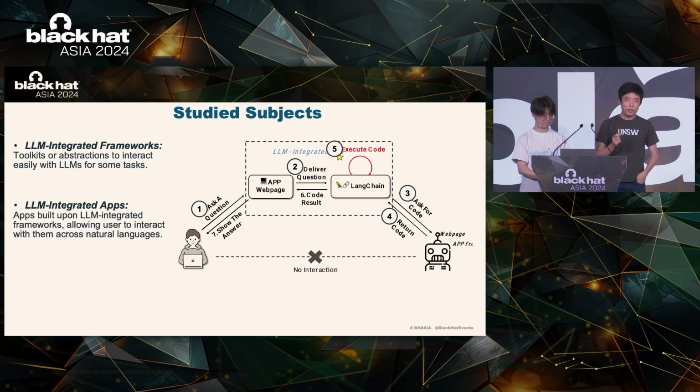This code is handled and executed by the framework, and the execution result is passed back to the application. The application will combine everything together and present the final answer to the user. So this is the system we are interested in.